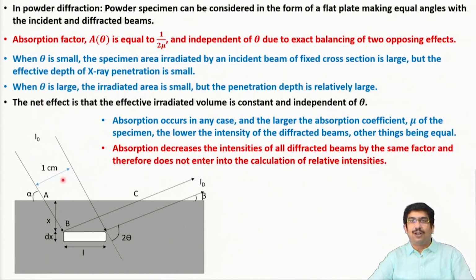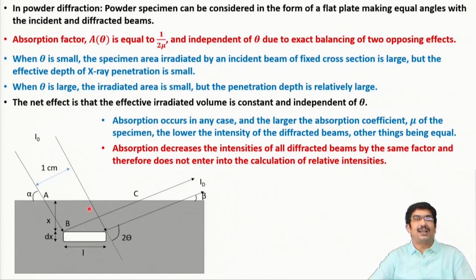If the beam is falling at a higher angle, then this irradiated area will be small, but the penetration depth will be large. Altogether, the irradiated volume will remain constant for all theta values. It will be independent of the 2 theta.